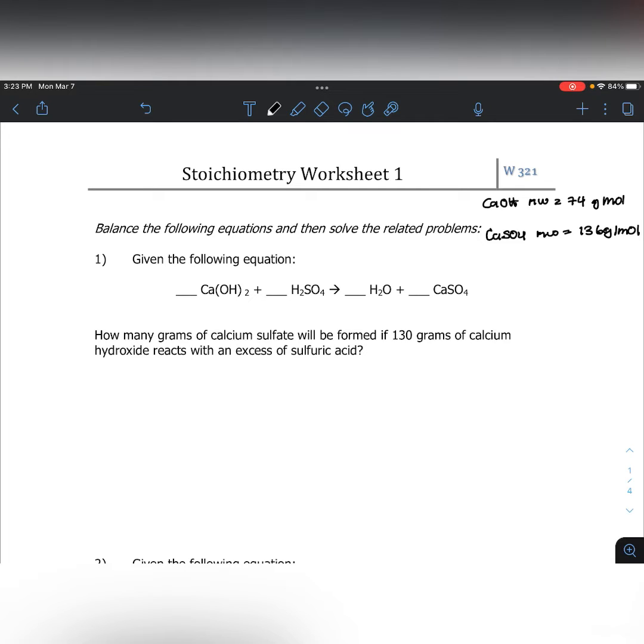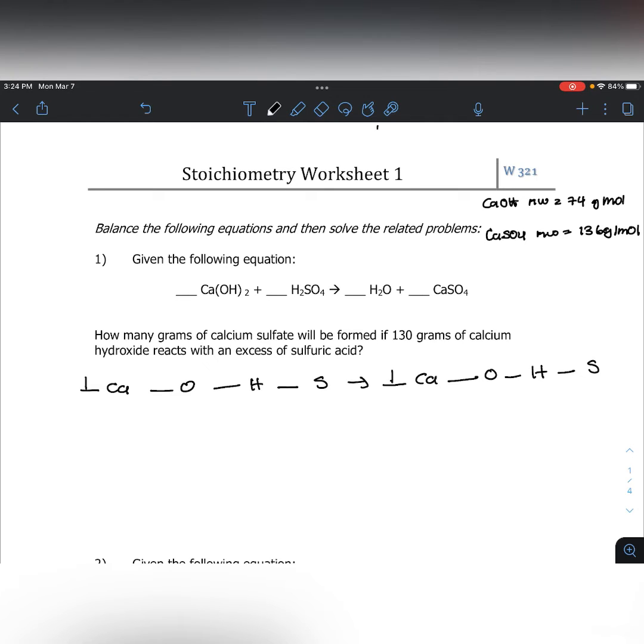So I'll start. We have calcium, oxygen, hydrogen, and sulfur. On the other side, the same way, we have calcium, oxygen, hydrogen, and sulfur. Looking at the left-hand side, it seems we have one calcium, and on the right-hand side, the same thing, one calcium.